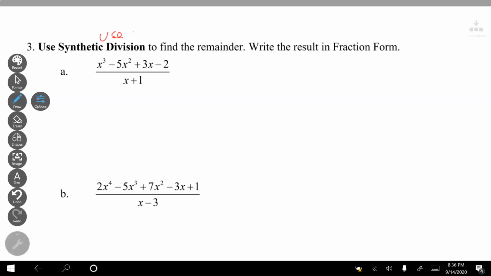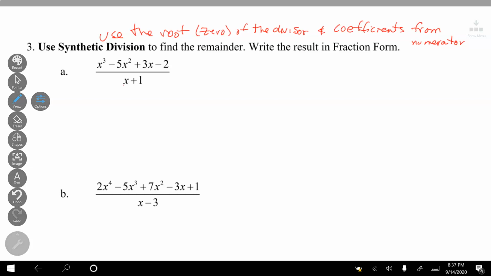We use the root or the 0 of the divisor, which is on the bottom, and just the coefficients from the numerator. It's going to be a shortcut method, and it's all based on multiplication and addition. You know how to multiply and add without using a calculator.